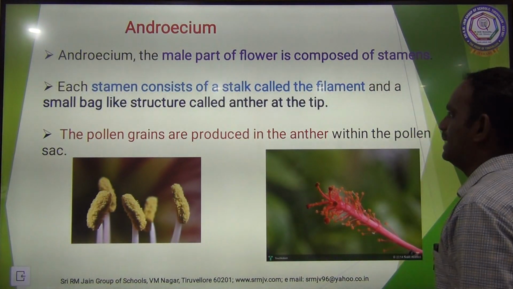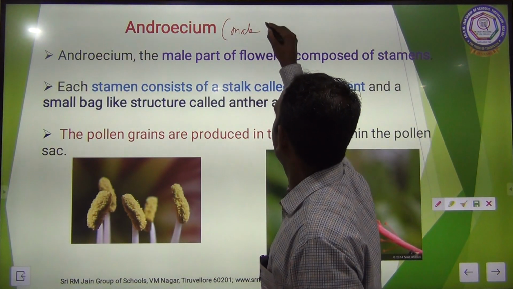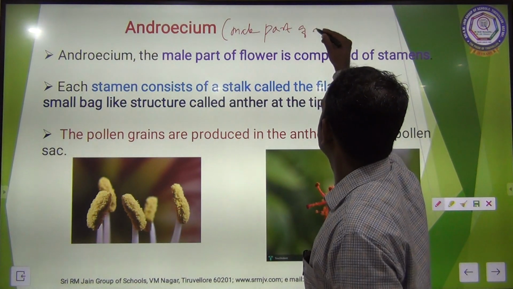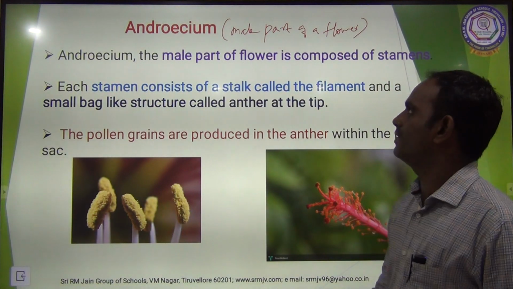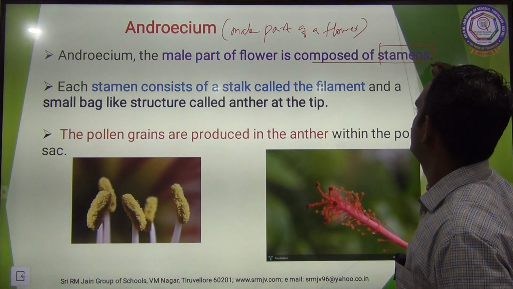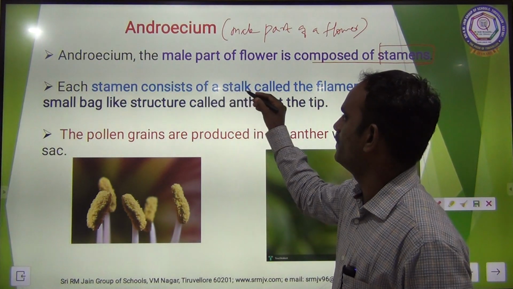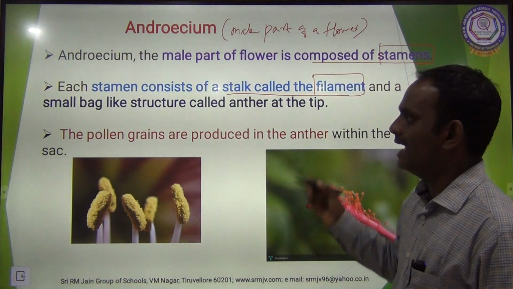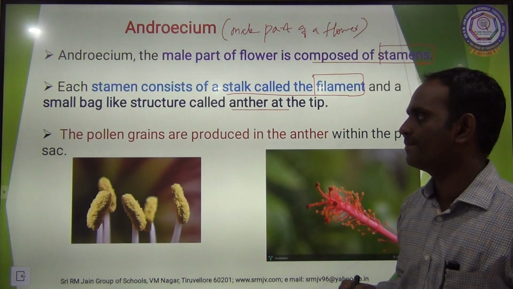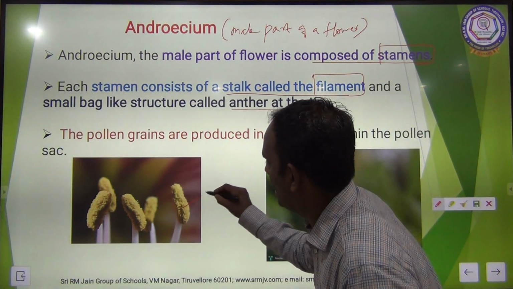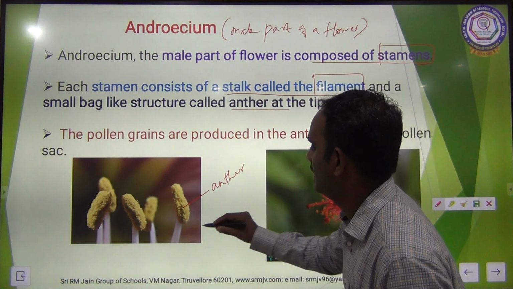Now we are going to see the male part of the flower, Androecium. Androecium, the male part of the flower, is composed of, as I said, stamens. Each stamen consists of a stalk called filament and a small bag-like structure called anther at the tip.